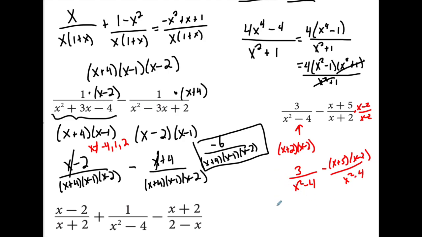So what I have is this, when we do expand that out, I get x squared plus 3x minus 10. And then I would do 3 minus that. So I'd get negative x squared minus 3x plus 13 over x squared minus 4.